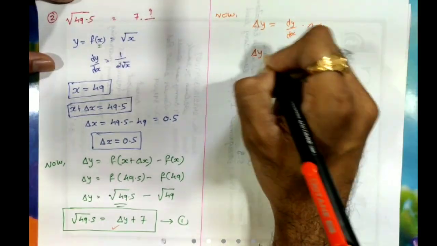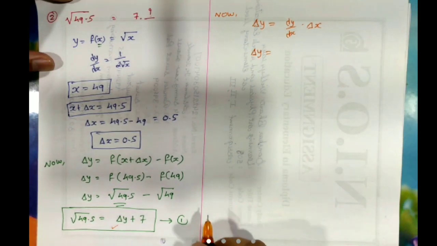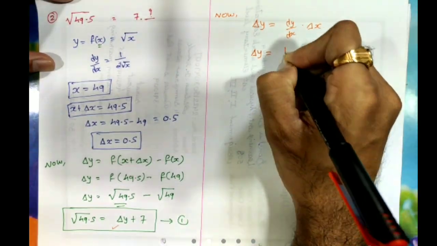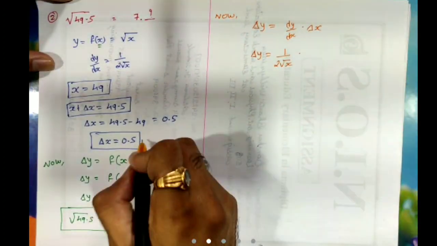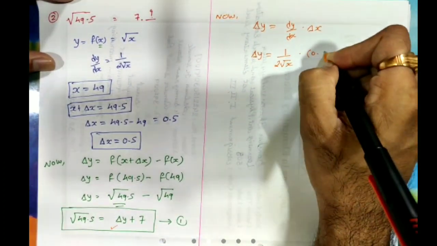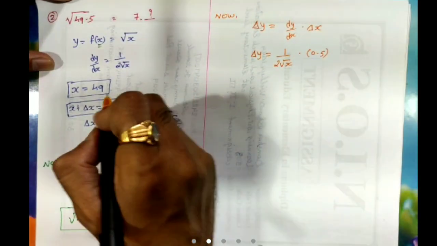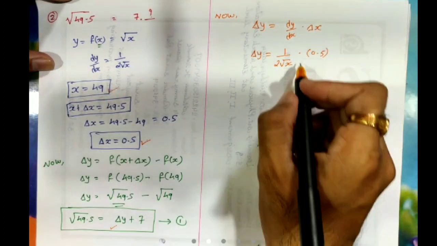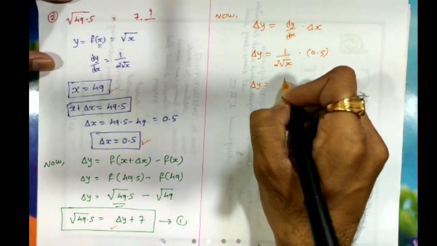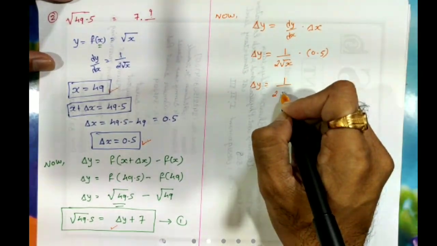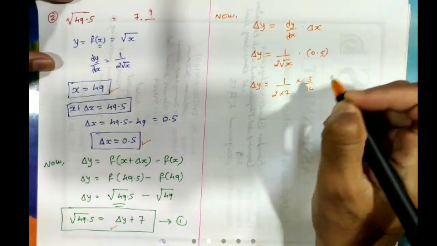So delta y equal to dy by dx, and our dy by dx is 1 upon 2 root x, into delta x, which is 0.5. This is the value of delta x and this is the value of x. Put x equal to 49. So delta y equal to 1 upon 2 root 49, which is 7, into 5 by 10.